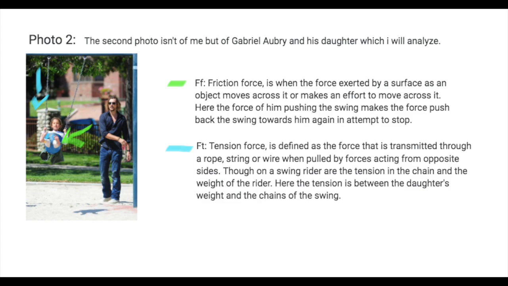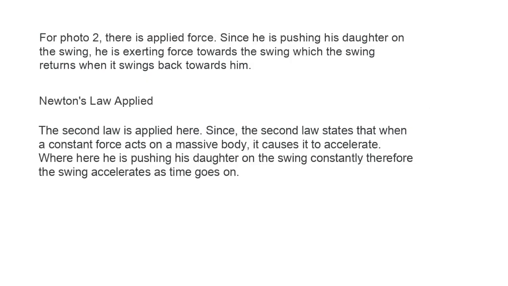On a swing, the tension is in the chain and the weight of the rider. Here, the tension is between the daughter's weight and the chains of the swing, as you can see from the blue arrow. For photo 2, there is applied force, since he is pushing his daughter on the swing.